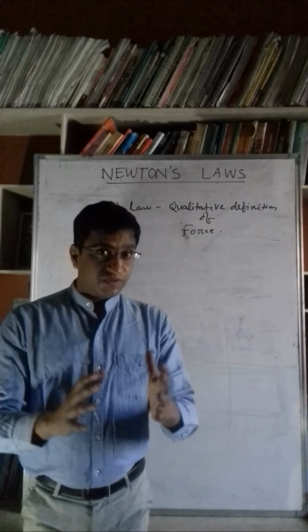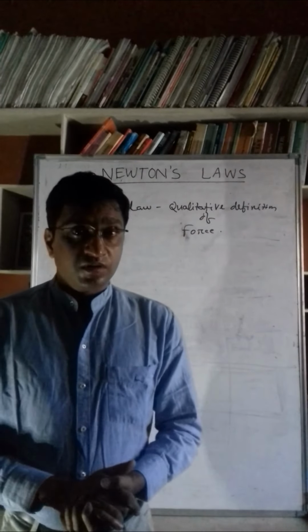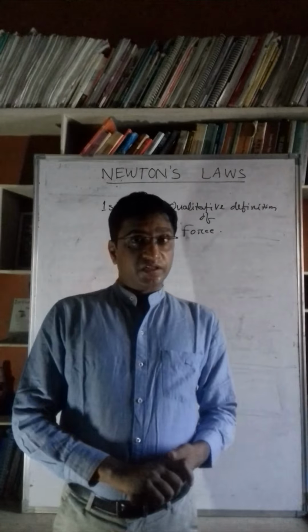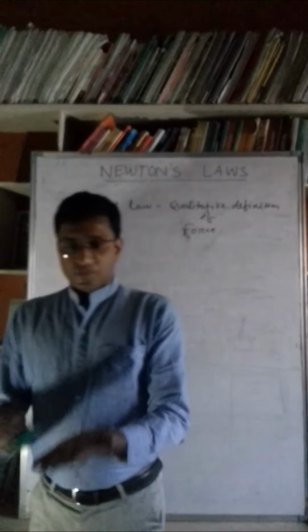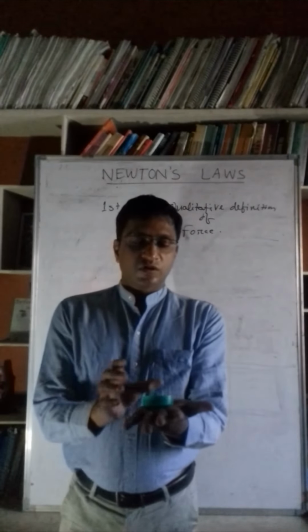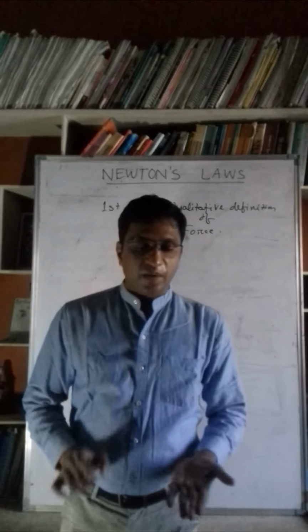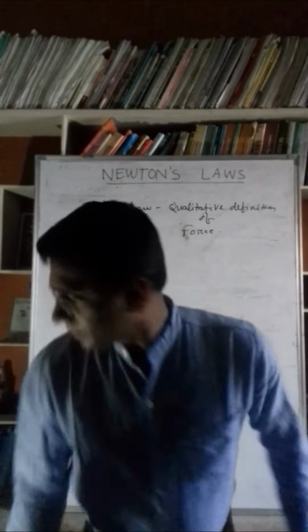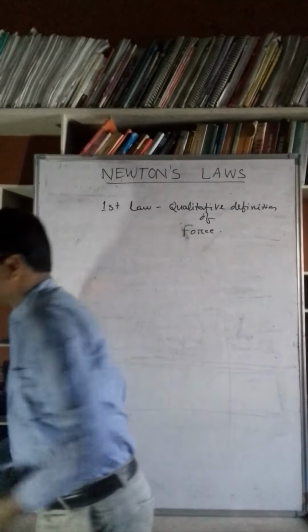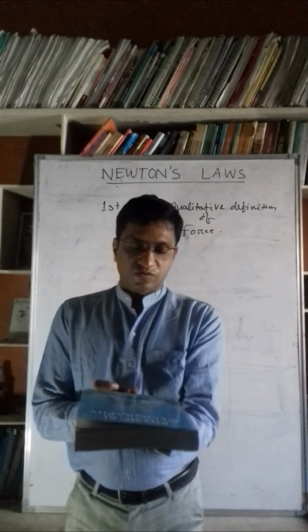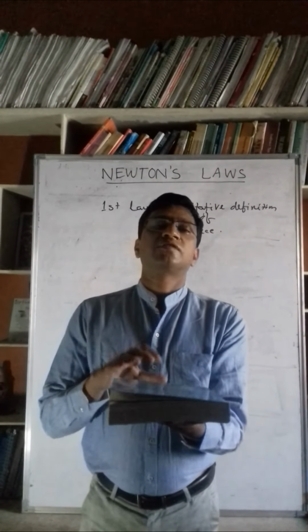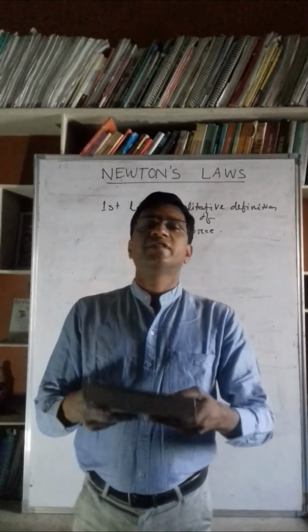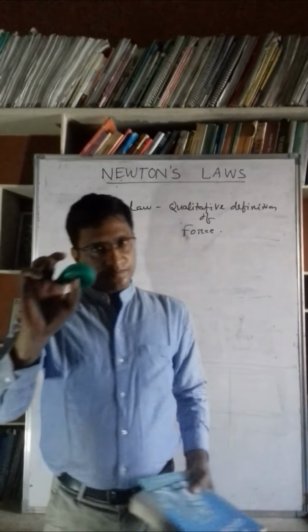So here comes the explanation of the experiment that we did. With the application of a small force, we are able to move the cap, while we have to increase the magnitude of force in order to move the larger book, because this book is heavier than this cap.